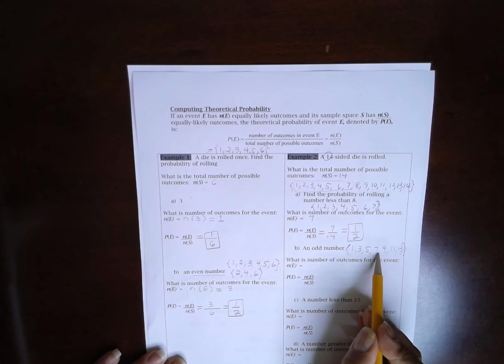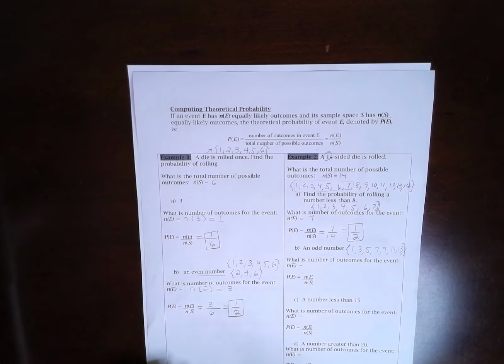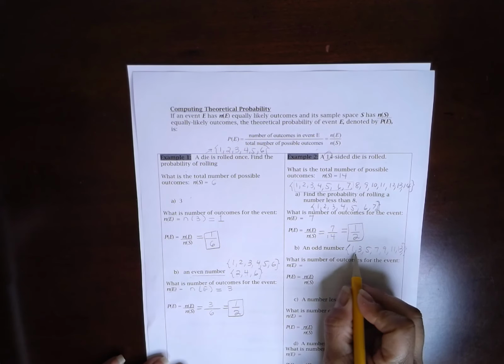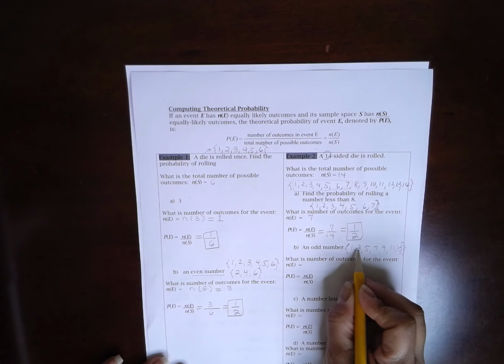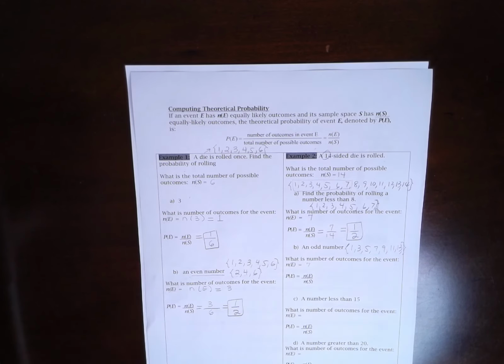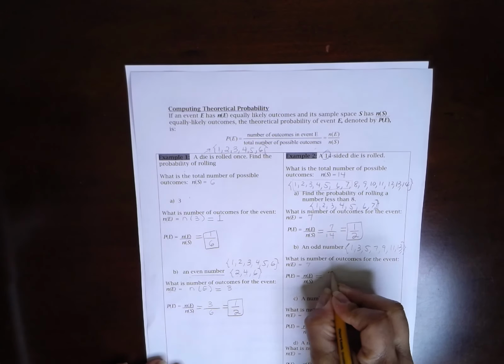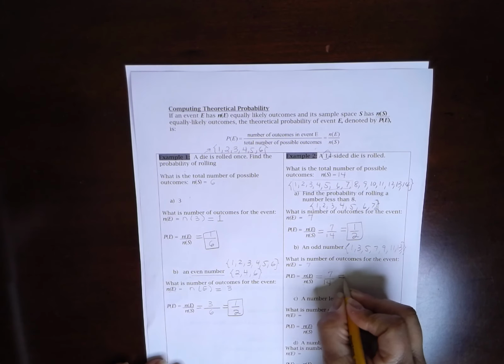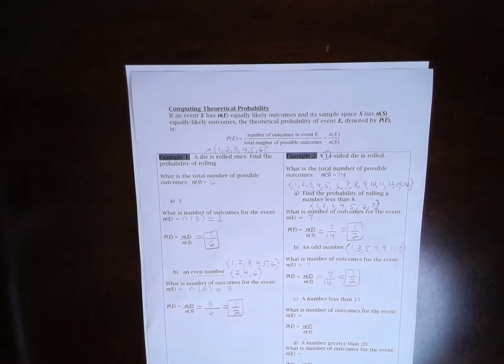So the number of outcomes in the event is 1, 2, 3, 4, 5, 6, 7. You have 7 outcomes in the event, and the entire sample space is 14. So again, this simplifies to the fraction 1/2.